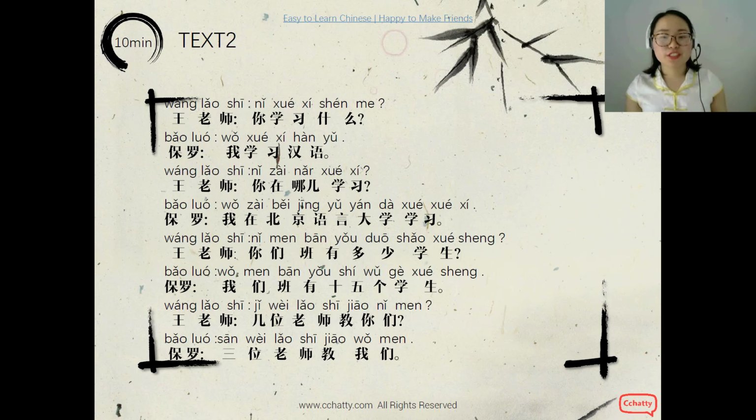It's a famous university in China. 王老师，你们班有多少学生？And how many students in your class? 保罗，我们班有15个学生。And Paul said that there are 15 students in our class.